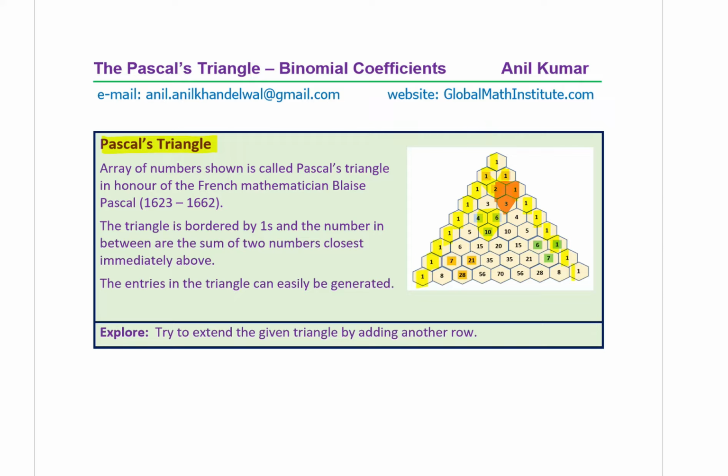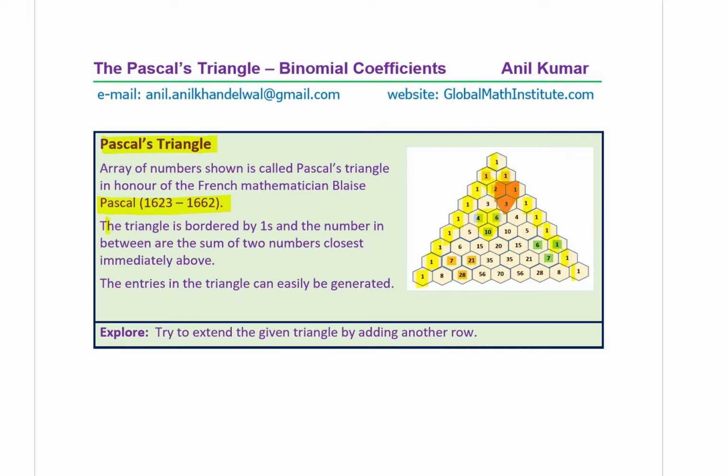Now it has so many usages that the whole chapter of combinatorics can be dealt with its proper understanding and has huge application in mathematics. So in the name of this mathematician Pascal himself, we call this triangle Pascal's triangle.